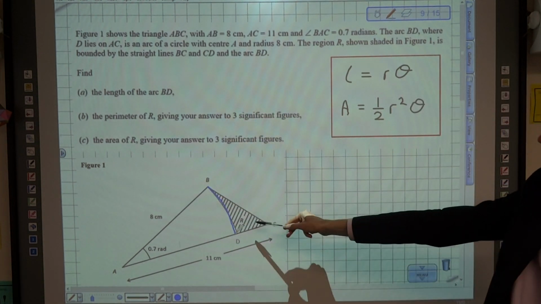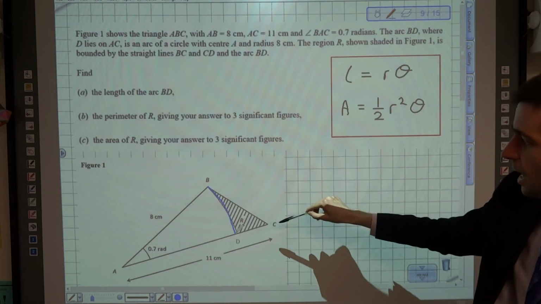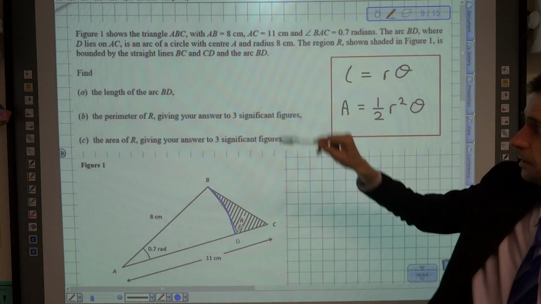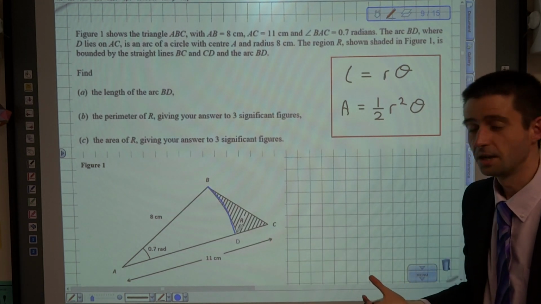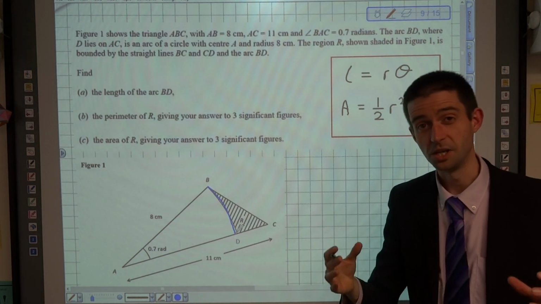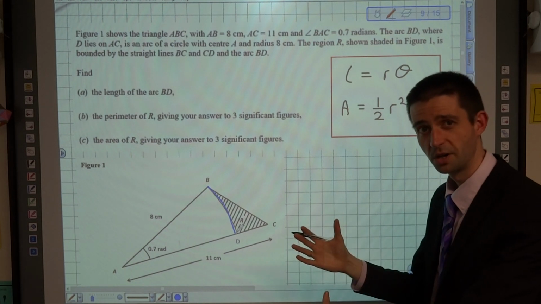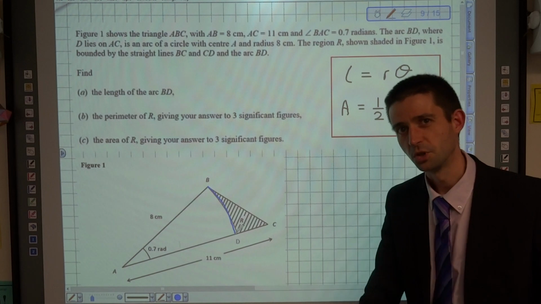The region R, shown shaded in figure 1, is bounded by the straight lines BC and CD and the arc BD. The first thing to do is find the length of the arc BD, and at this point, to get the most out of this, you need to pause the video, attempt this question by yourself and use this as a run through of what you should have done, rather than just passively watching.